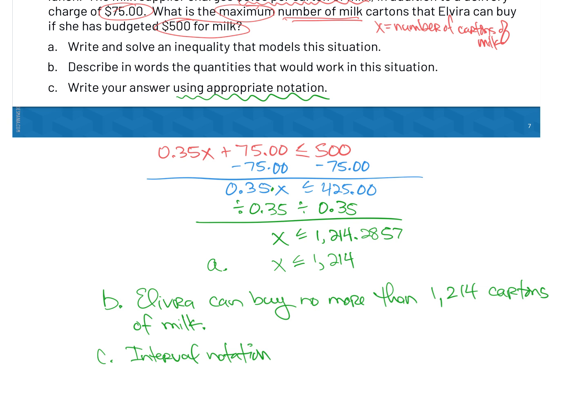So we're going to put a bracket, 0, comma, and then 1,214 with a bracket on it. Brackets this way mean it includes that number. So she could buy 0 cartons of milk, all the way up to 1,214 cartons of milk. This is interval notation. Make sure you write this down because we're going to need to know this.